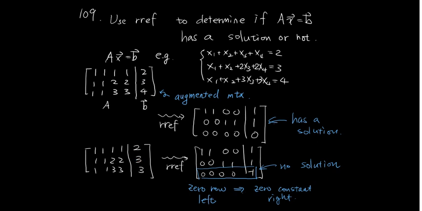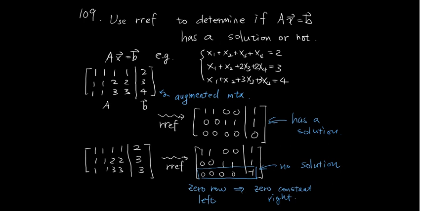So when you do the reduced echelon form, these two parts are the same, but the last column is different. Make sense? If you are solving an equation and the only different thing is on the right-hand side, then the left-hand side is always the same. You do the same row operations to get the same thing.